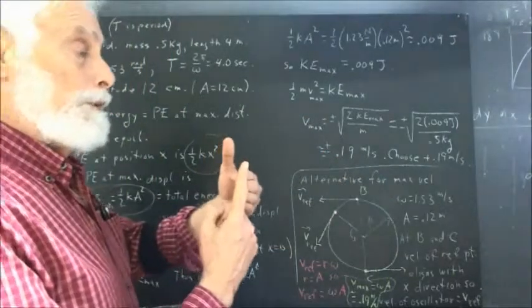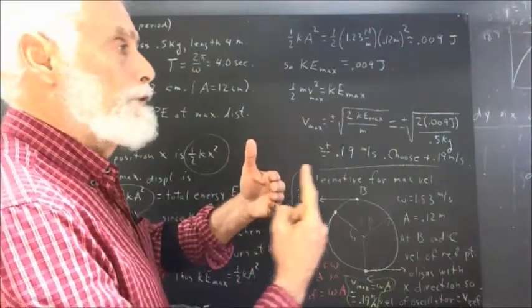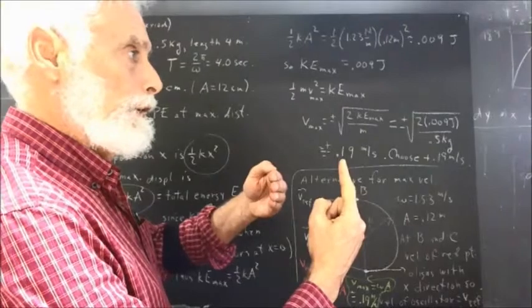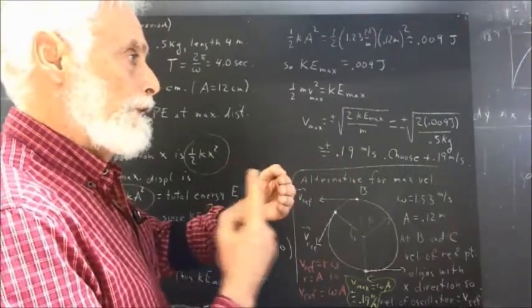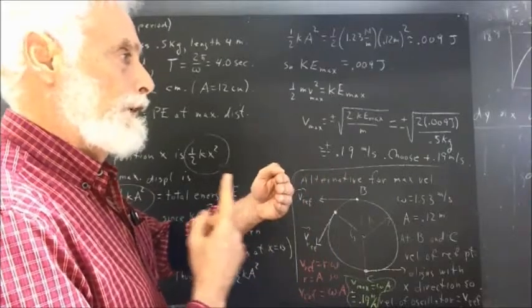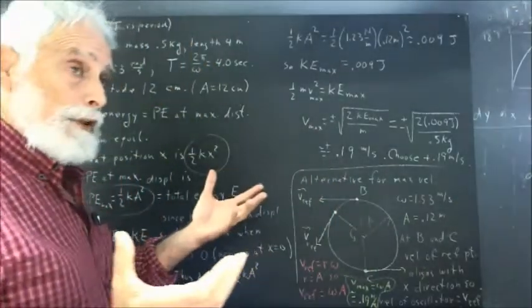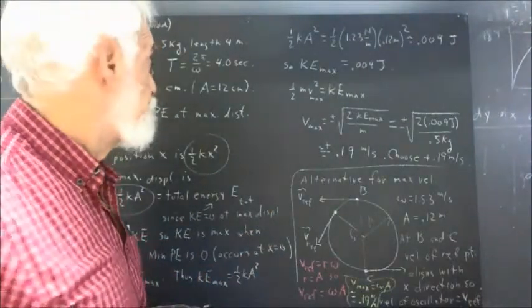So we basically put energy into the system by moving it out to here and releasing it, and then the energy is maintained. There's no non-conservative force acting, so there's no loss of total energy.